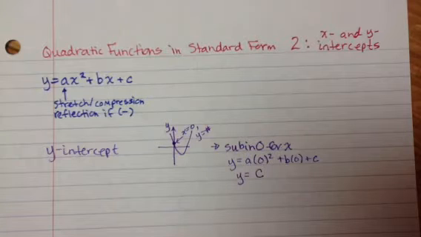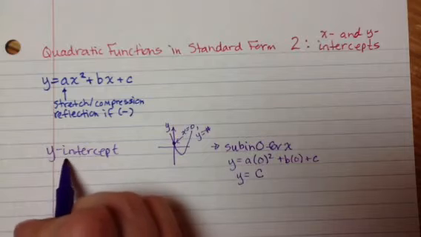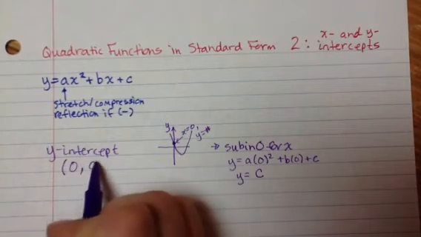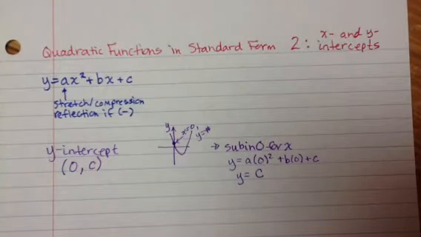So the ordered pair where we get a y-intercept in standard form is going to be 0, c. That c value, or the constant term, in the standard form equation.